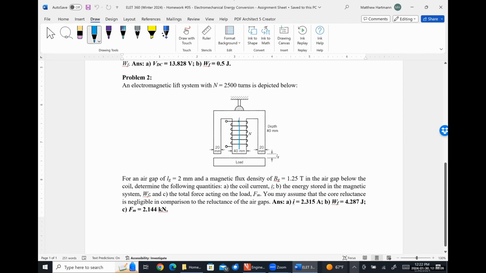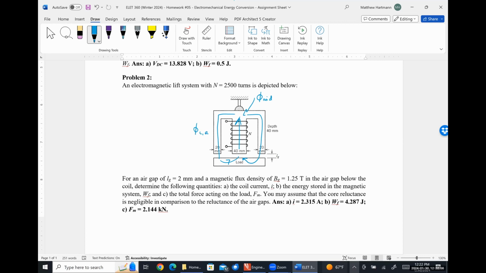So I've got some flux here that I'm going to call phi mid. And then that flux is going to split off like so, and like so to complete the magnetic circuit. And so I'll call this phi left and right.